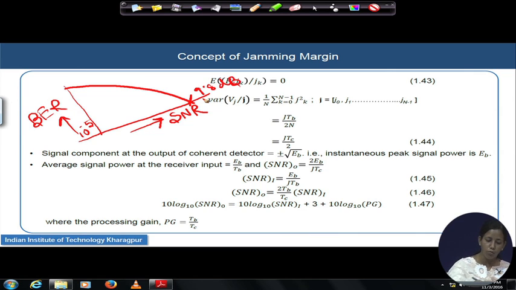You need a lower value of SNR, and you will automatically get the targeted 10 to the power minus 5 bit error rate.